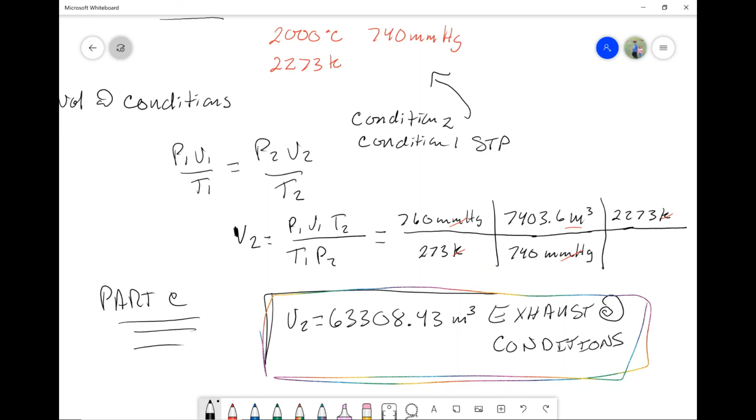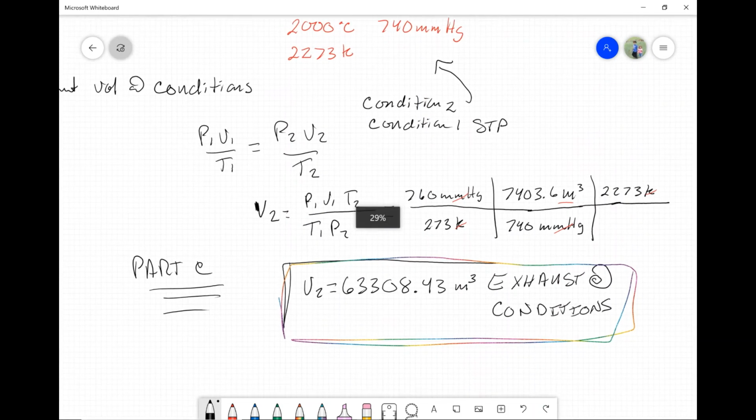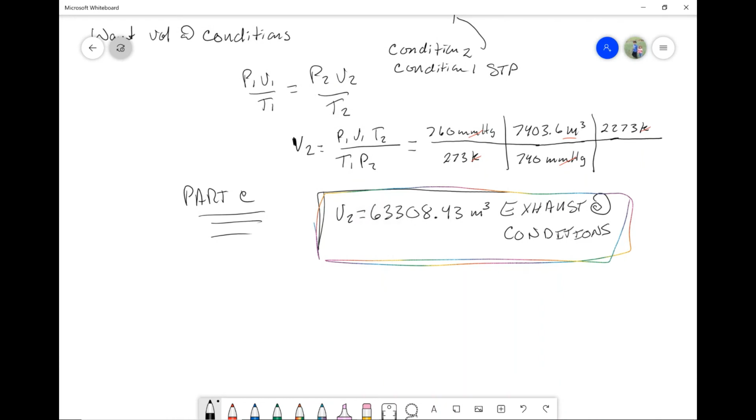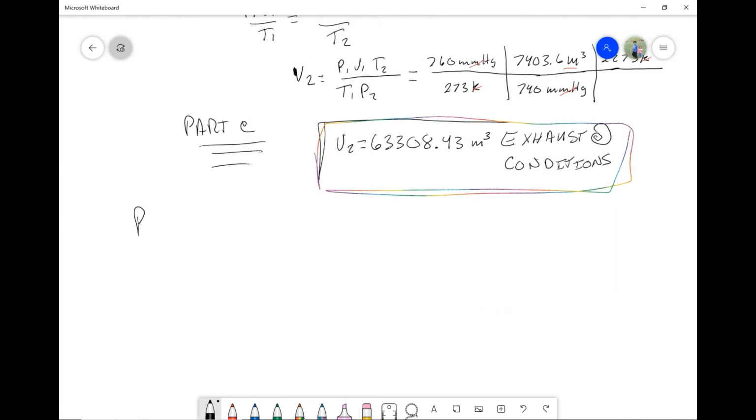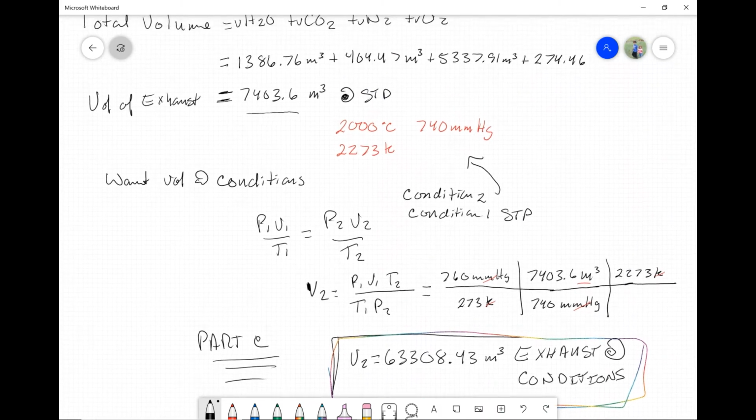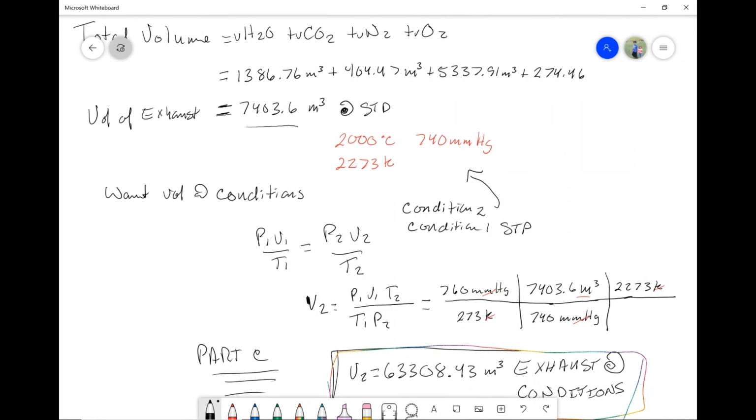All right, so part D wants to know the composition of this gas. So part D, what is the composition? And to do that, it's good to use the STP calculation. So we're going to use this.